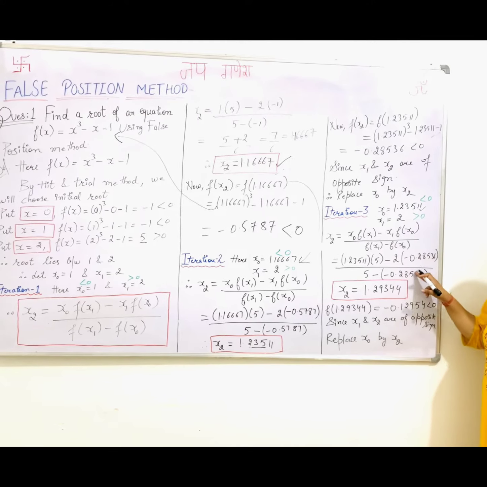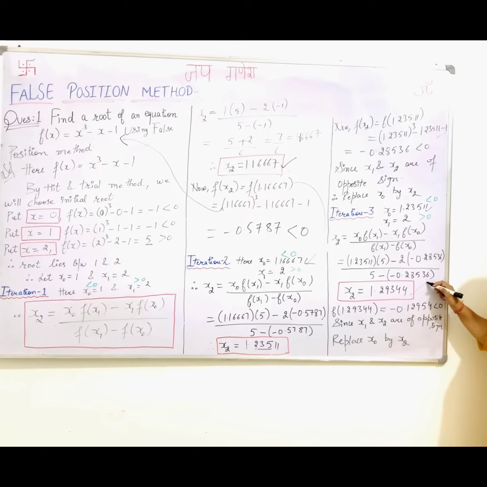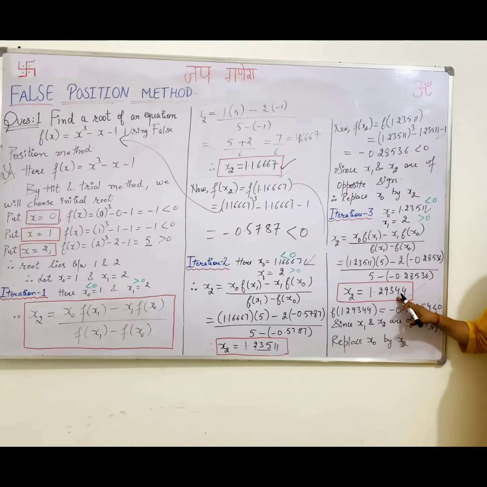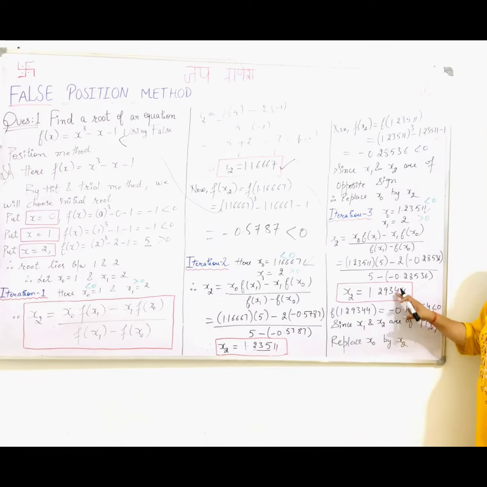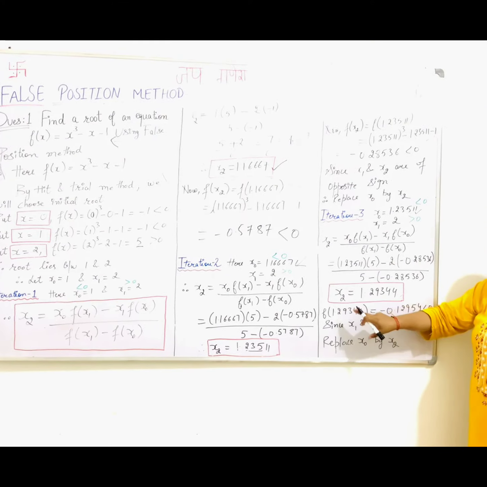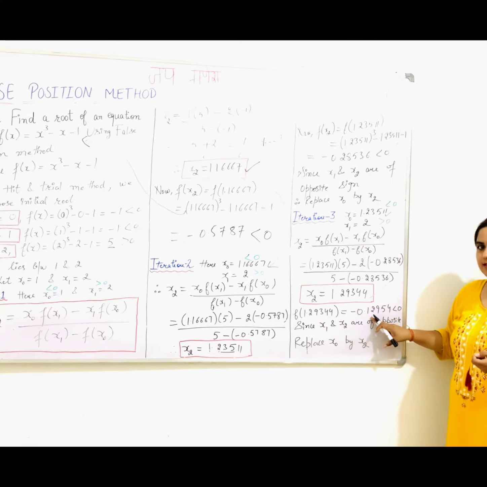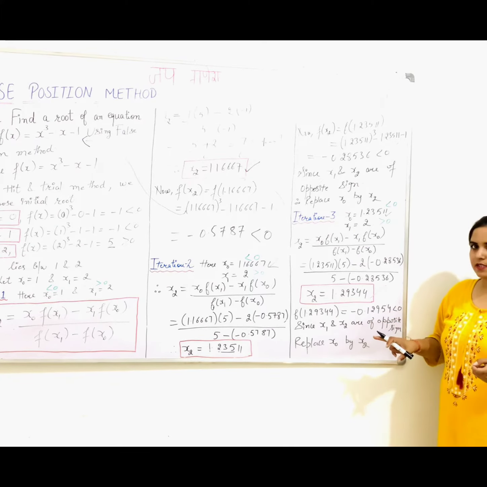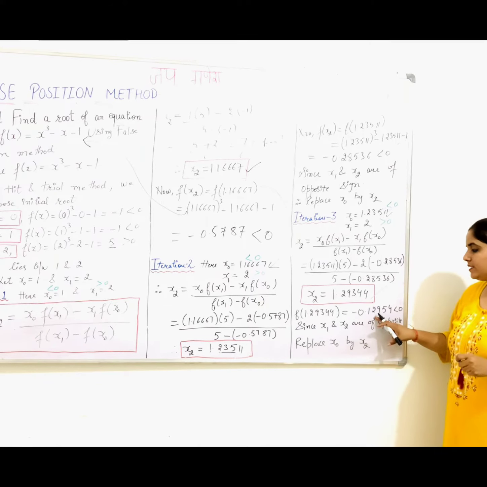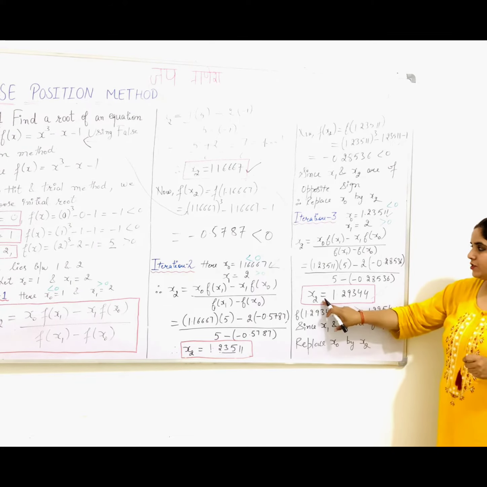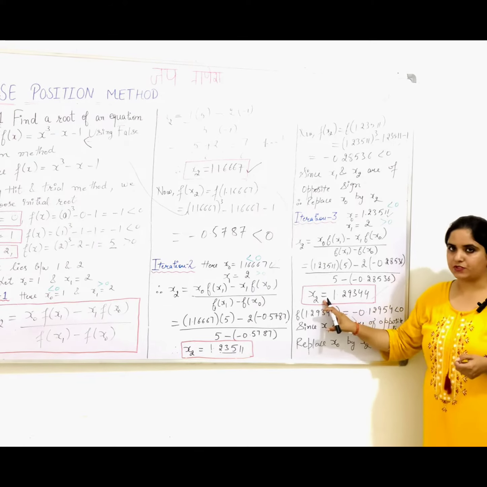So we have again substituted all values. We have got the answer as 1.29344. Again the same thing. Whatever value you get, put that again in the given equation. You will get an answer. That answer is positive or negative. We'll decide what will be the combination for the next iteration.